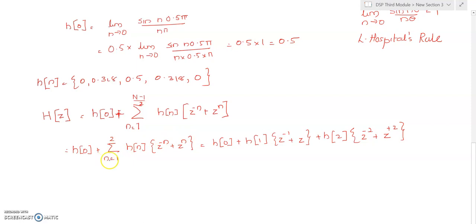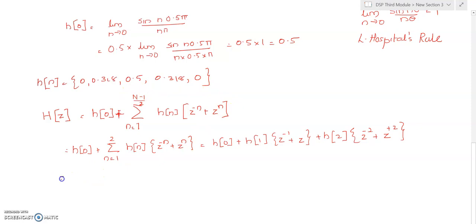So when we open the brackets, we can expand it as follows. H of 0 plus summation n equal to 1 to 2, h of n, z raised to minus n plus z raised to n. So when we open the brackets, we get h of 0 plus h of 1, z raised to minus 1 plus z, plus h of 2 into z raised to minus 2 plus z raised to plus 2. But we know h of 2 and h of minus 2 are 0.